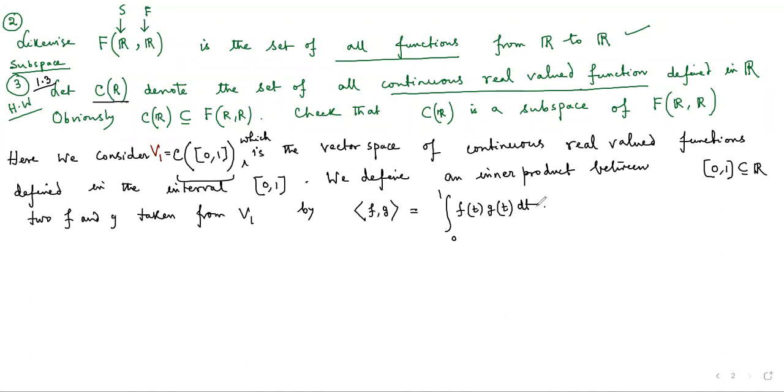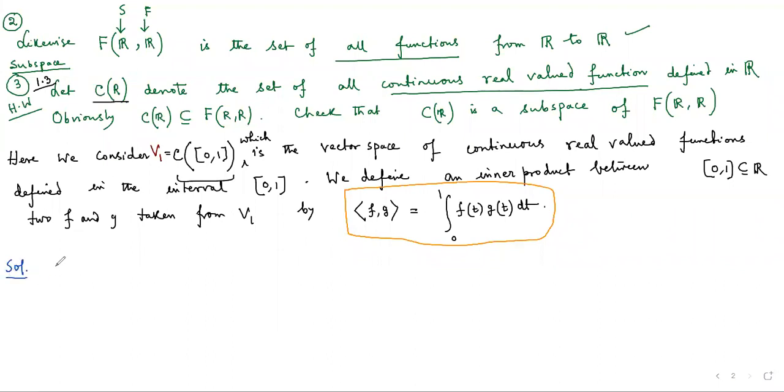Carefully listen to me. This is the inner product that I'm defining on this set V1. We want to check that under this inner product, my set V1 is an inner product space. So let's start.